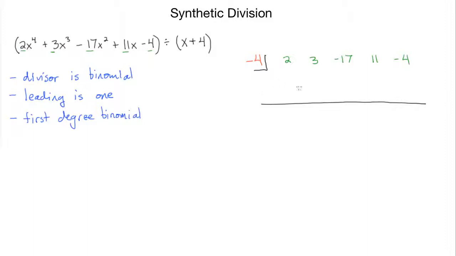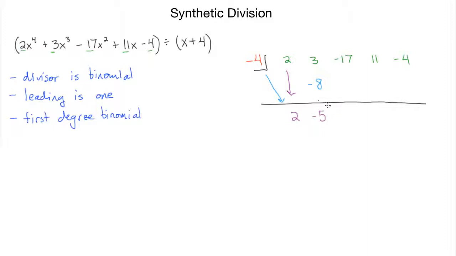Let's start this process. The first thing we do is drop down the 2 right here. Now I take my negative 4 and multiply by the 2. Negative 4 times 2 is going to give me negative 8, and we put the negative 8 right here. Now we add together. 3 plus negative 8 is going to be negative 5. And now we multiply again.